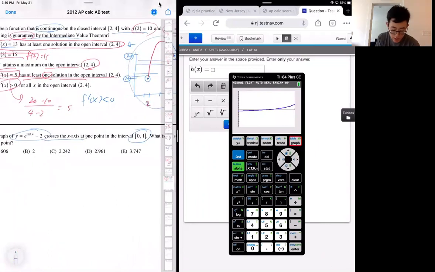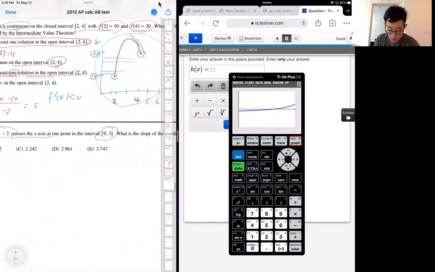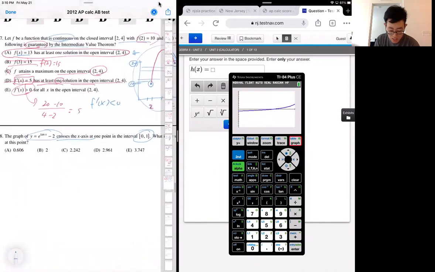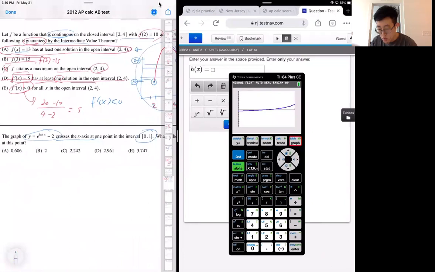So yeah, the question says the graph crosses the x-axis at one particular point, which we can all see where it's happening here. What is the slope of the graph at this particular point? So we want to locate where that little x-intercept is. To calculate that, we're using a graphing calculator.